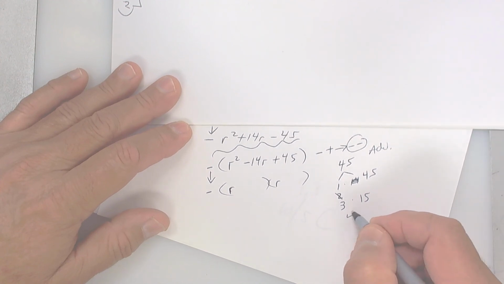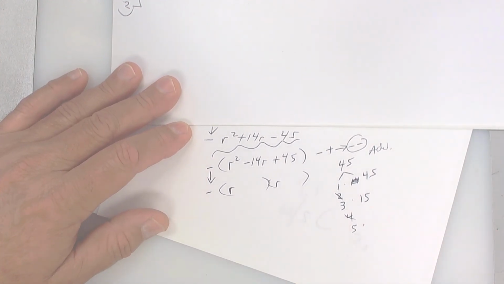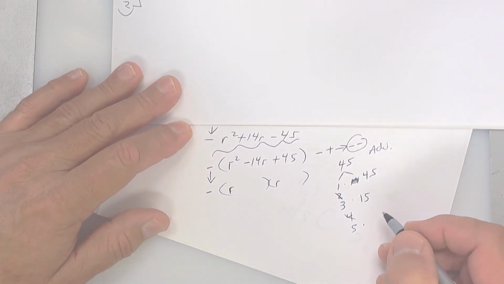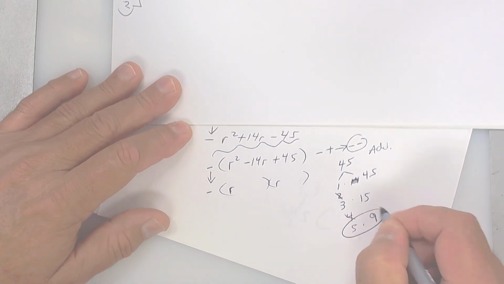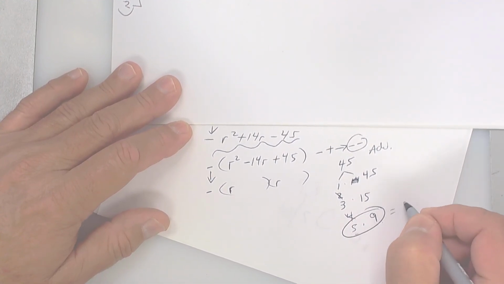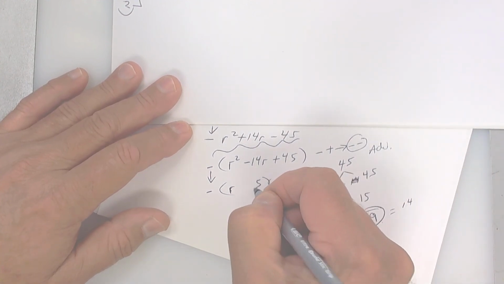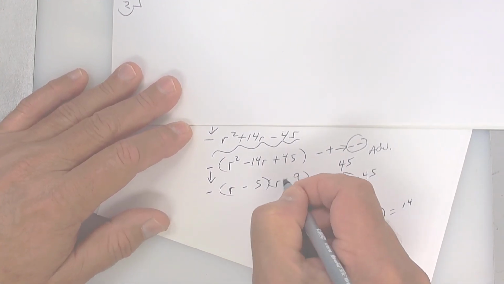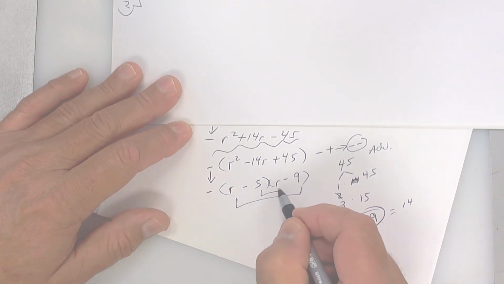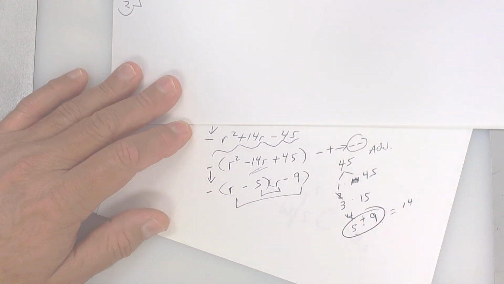So let's keep going. 4 doesn't work. 5 does work. 5 times 9, that's going to be your answer. Because 5 and 9 adds up to give you 14 when you add them up. So put 5 and 9, and they're both negatives. And then check your outer, check your inner, make sure it's this, and you're done. But don't forget to leave that negative, and make sure you factor that negative out.